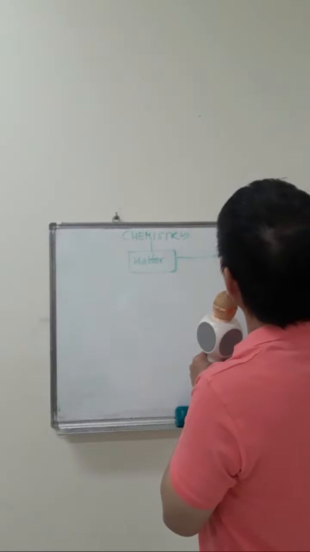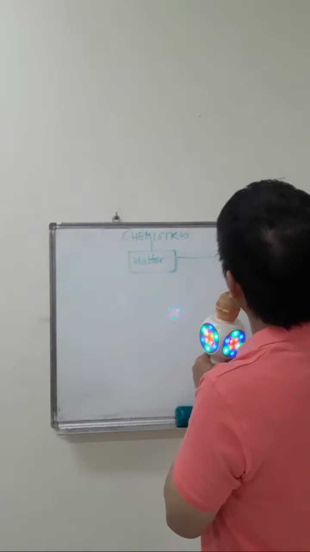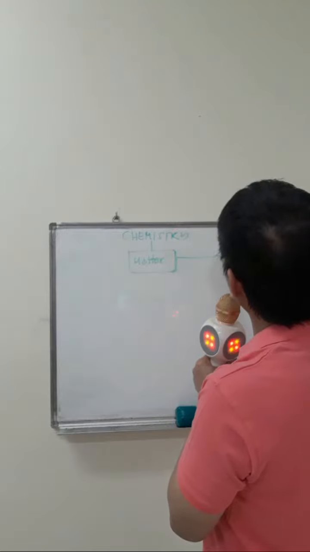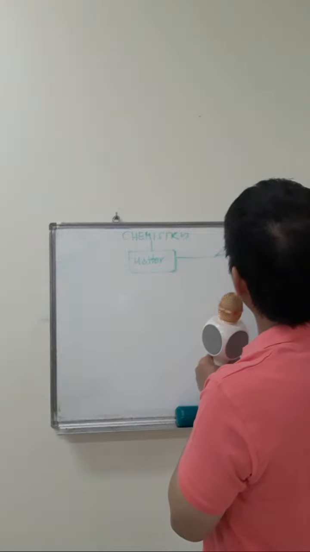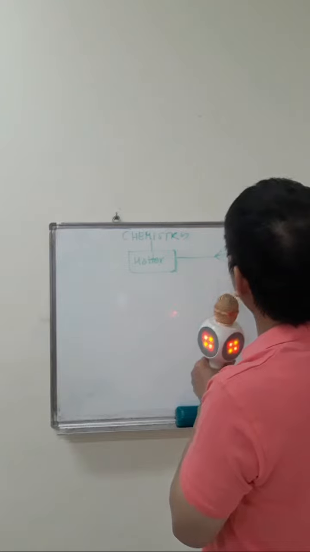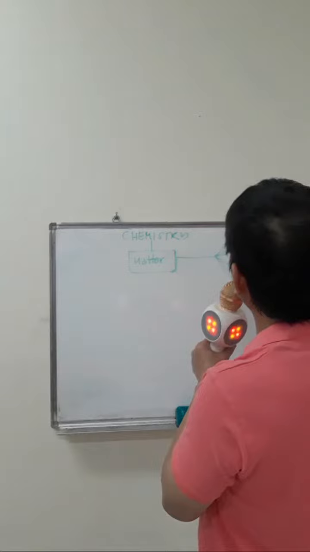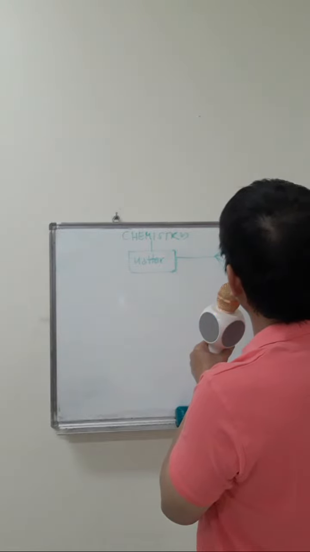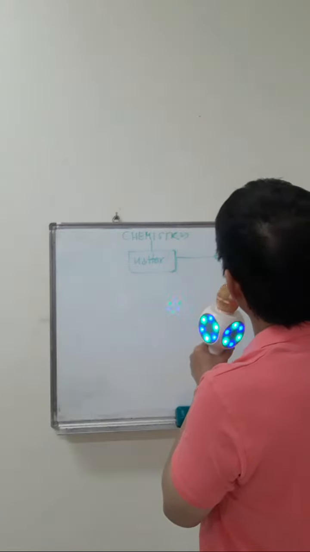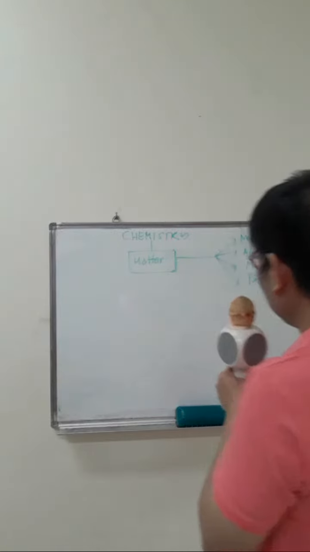On one side, matter has the molecule, the atom, the mole, and the particles. Let me give examples one by one.